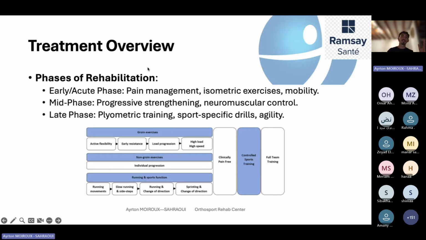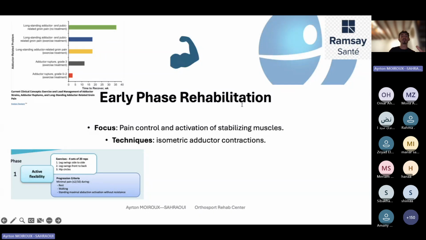So, for treatment, the management of groin pain follows a phased rehabilitation approach, with each phase targeting specific aspects of recovery, of course. Each phase is designed to build on the previous one, ensuring a gradual and sustainable recovery. In the early phase of rehabilitation, okay, the goal is to focus on pain management and reducing the inflammation. You need to utilize the RICE protocol, for example.